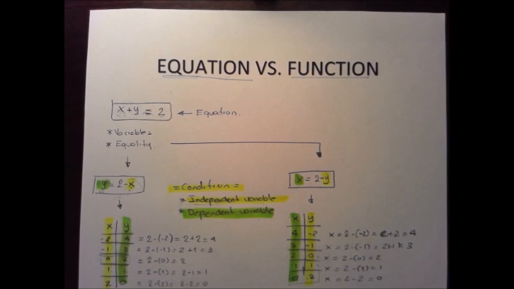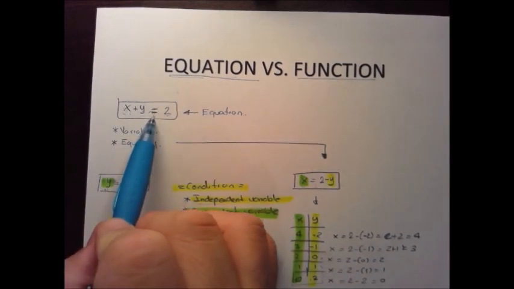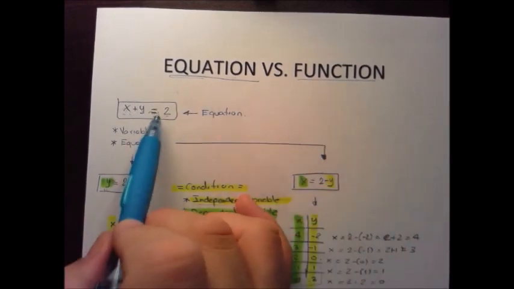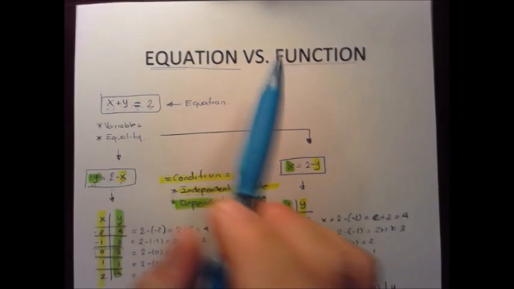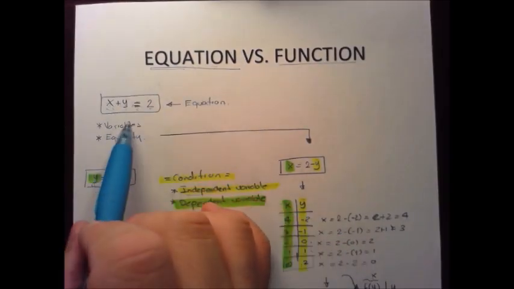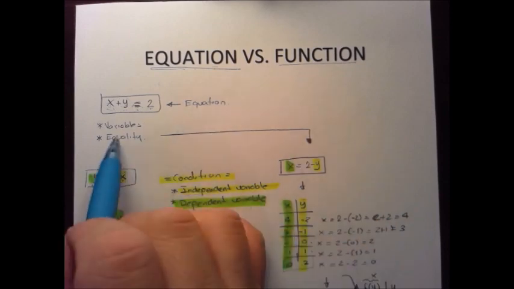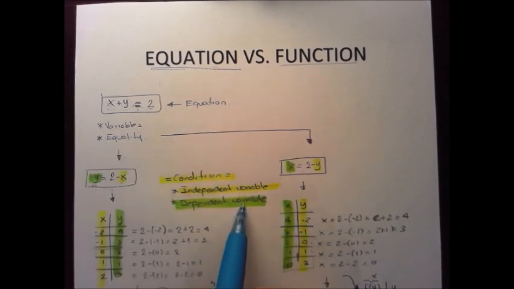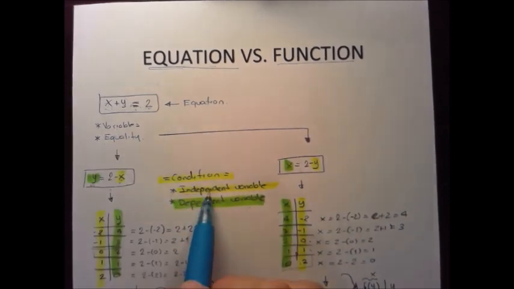Algebraically, it's going to be something very similar, only the representation is going to be different. Okay, equation is when you have an equality. Function has an equality too, but equation has variables. Function has variables, but one is independent and the other is dependent because we have a condition.